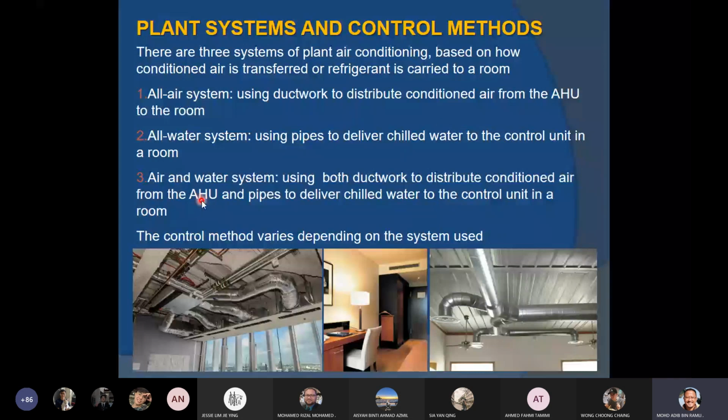The last one is the air and water system. Basically, you have both: ductwork to distribute conditioned air from the AHU and also pipes to deliver chilled water to the control unit in a room. The control method varies depending on the system used.